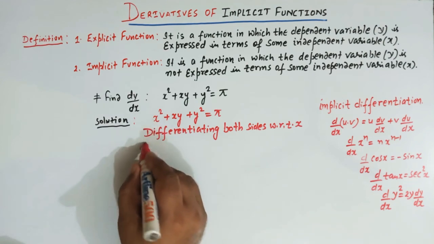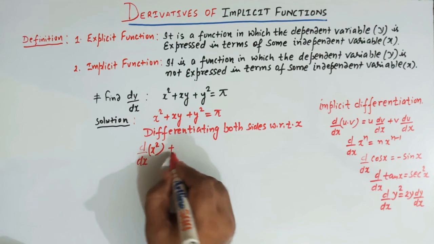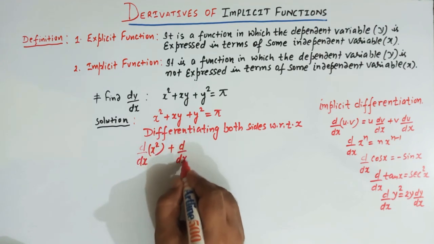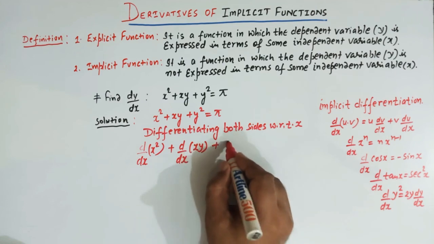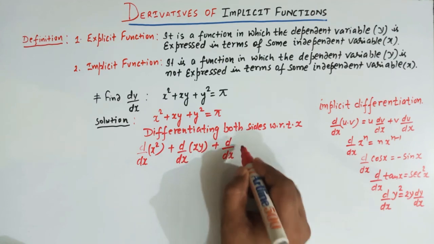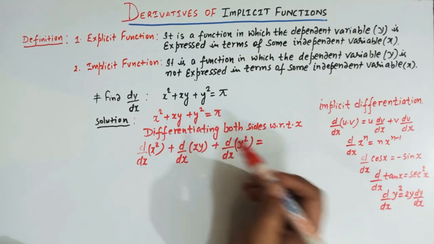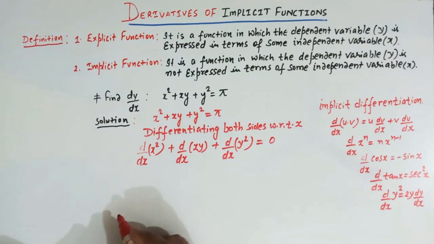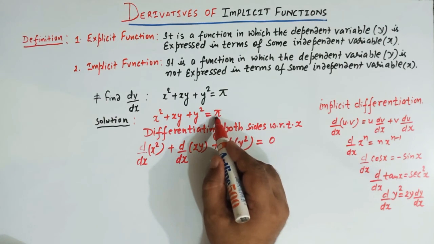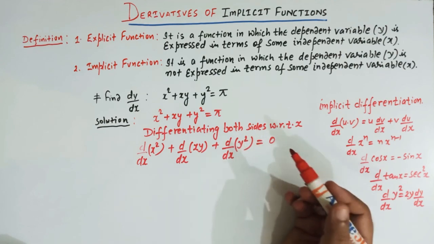So here we have the derivative of x square, then d by dx of xy, and then d by dx of y square, and the derivative of pi is 0, because pi is a constant here, and we know that the derivative of a constant is 0.